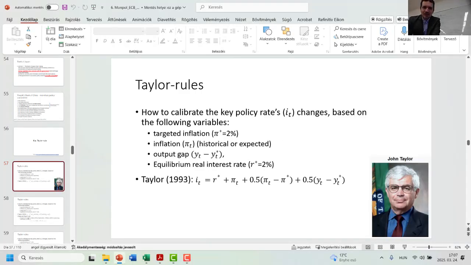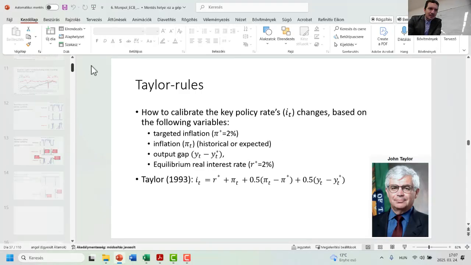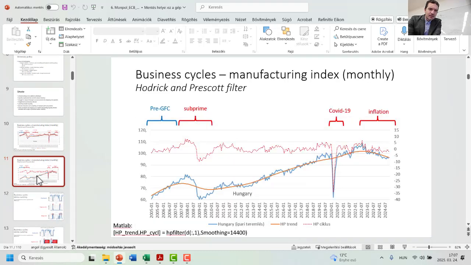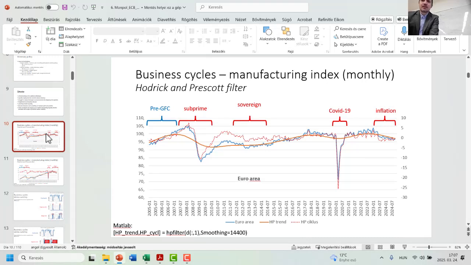Maybe it's easier to exit because we have many slides here. So let's focus on the Eurozone. When I started last week's class, I started with why we have business cycles. What you can see here is the empirical data about the output, represented by the manufacturing index in the Eurozone.